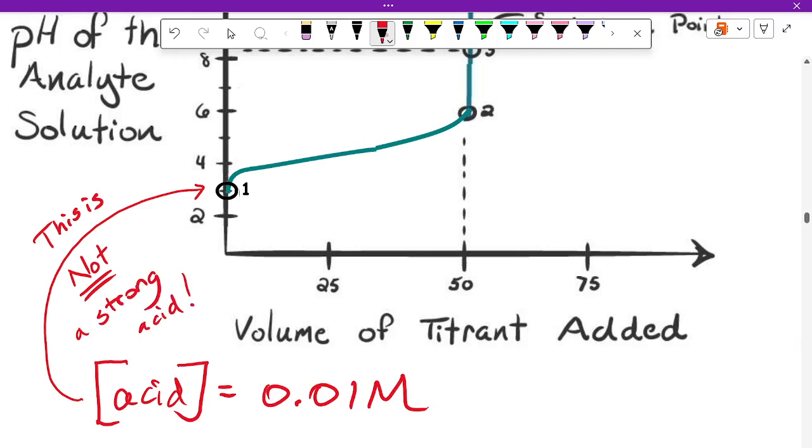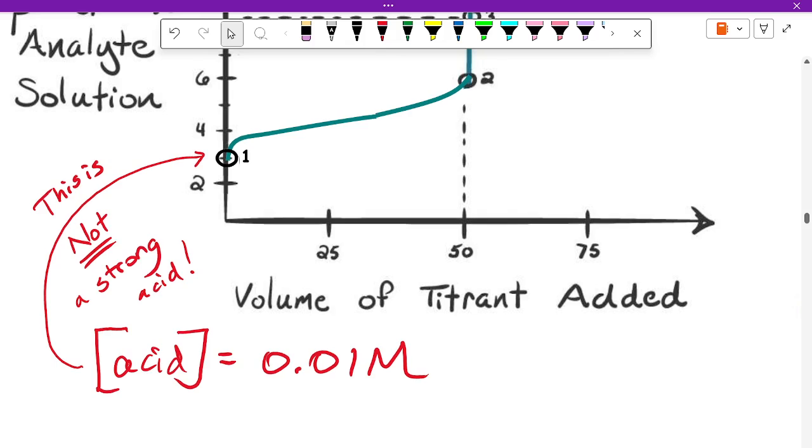Why is that? Say, for example, it was HCl. What would your initial pH be?